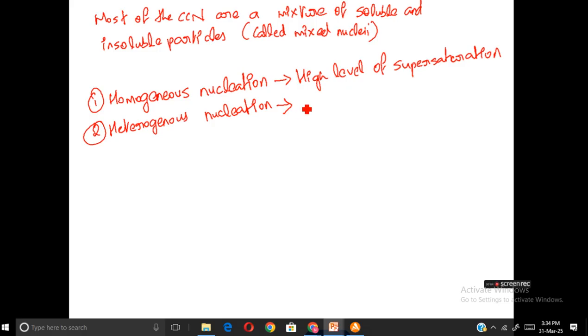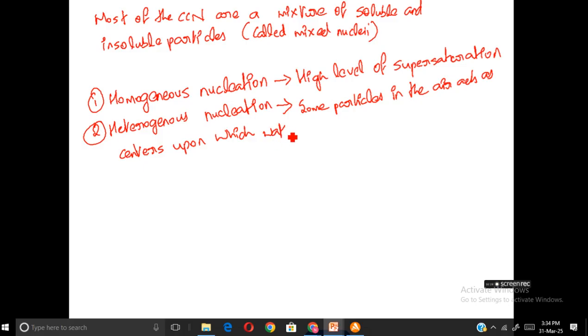So in case of heterogeneous nucleation, some particles in the air act as centers upon which water vapor can condense.